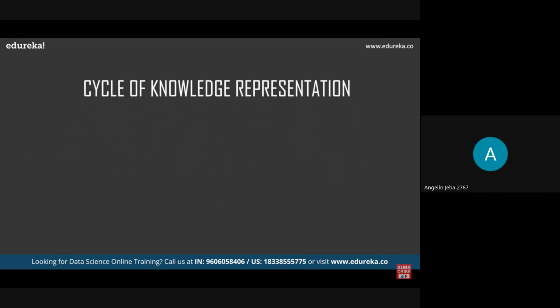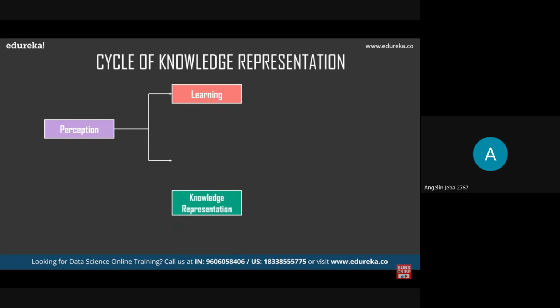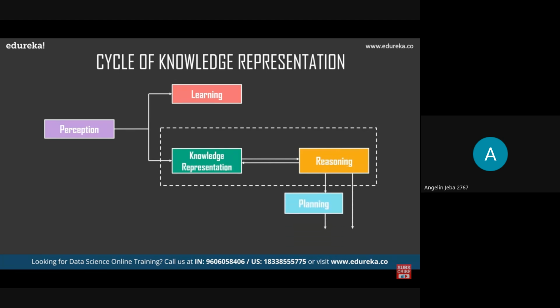Talking about the cycle of knowledge representation, artificial intelligence systems usually consist of various components to display their intelligent behavior. These components include perception, learning, knowledge representation, and reasoning. Then we have planning and finally execution. Now, here is an example to show the different components of the system and how it works.